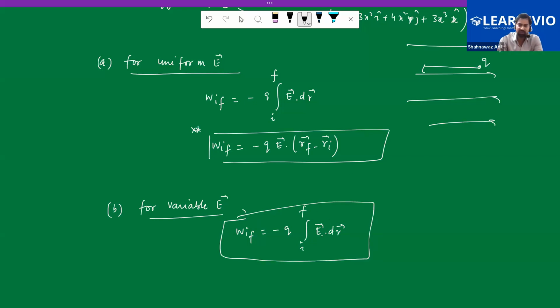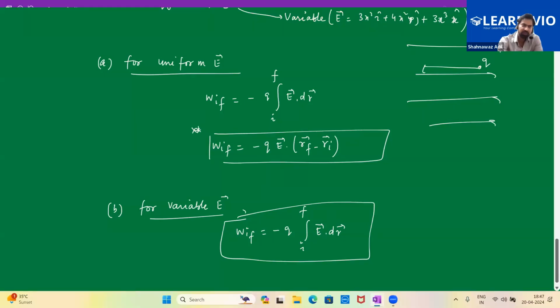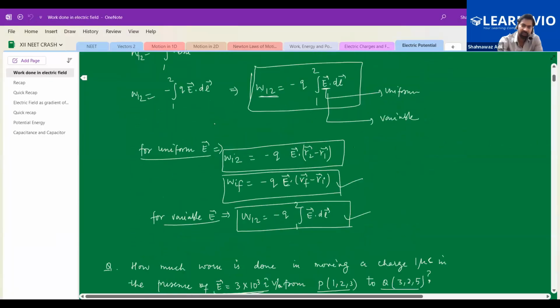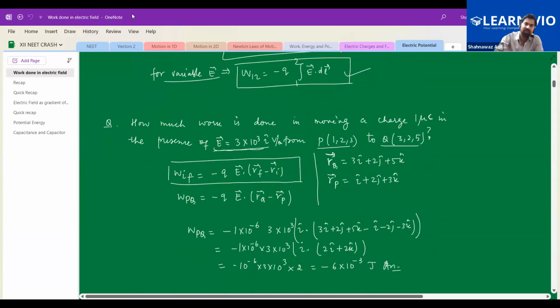And they would give you some values of E. So that is the idea. Now let us apply these things and do some questions. We have some questions here, so let's do them.